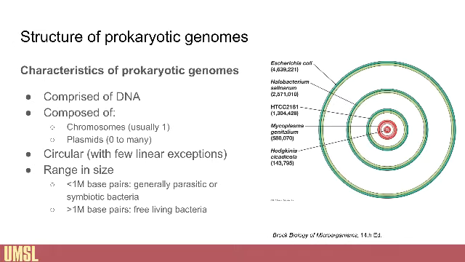But there's usually one large chromosome that is circular. So we draw these circular maps of chromosomes, in contrast to the eukaryotic system, where chromosomes are linear and you see linear maps of chromosomes.